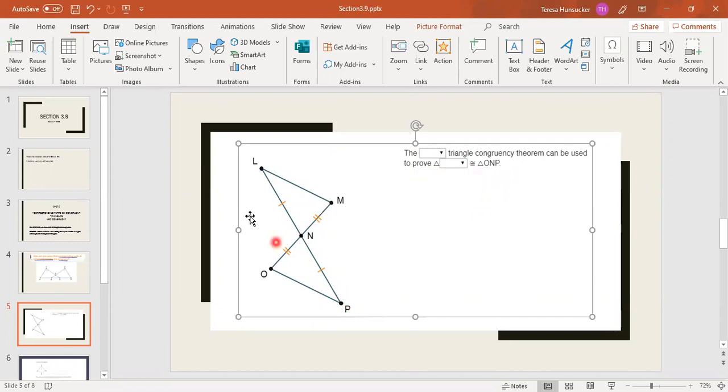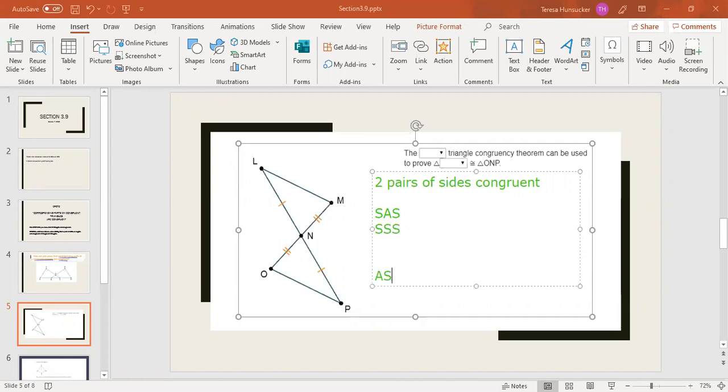So far we have two pairs of sides given to us as congruent. Remember, to prove triangles congruent that involve two pairs of sides, we have either side, angle, side, or side, side, side.